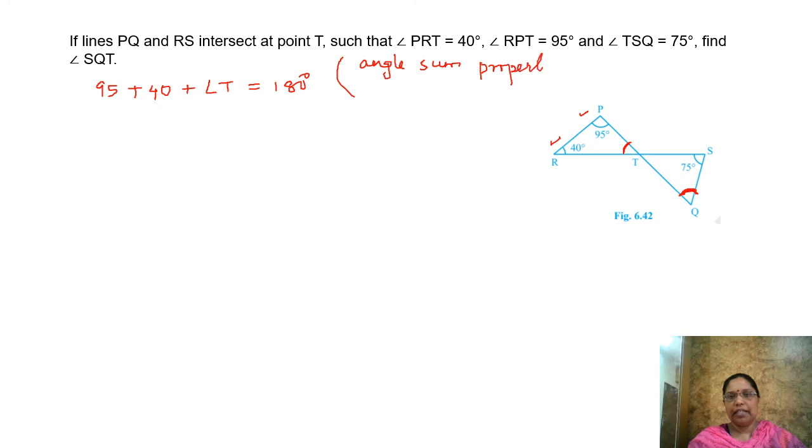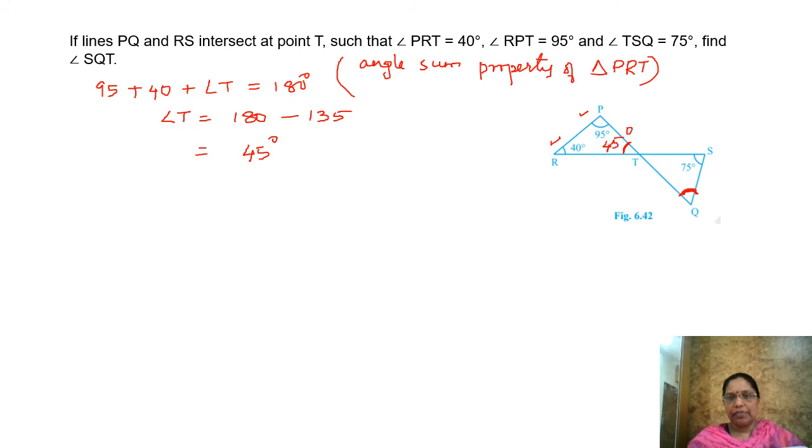Which is the triangle we are using there? Name the triangle. Triangle PRT. Now what is angle T here? 180 minus 95 plus 40 is 135. So what will be the answer of angle T? 45 degree. So you're getting this angle as 45.